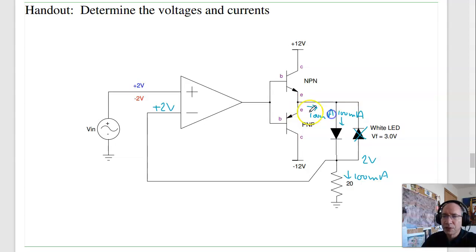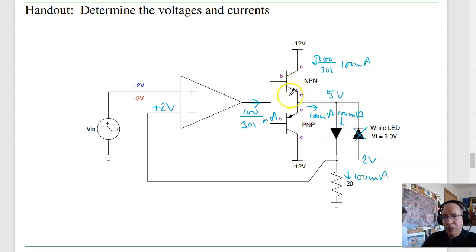If you use the same transistor, where beta is 300, this will be 100 over 301 milliamps. And this will be your current gain, 300 times IB, which is that times 100 milliamps. So that's this current, and here's that current. And the voltage, if this is 2 volts, that is a 3 volt drop. This will be 5 volts.